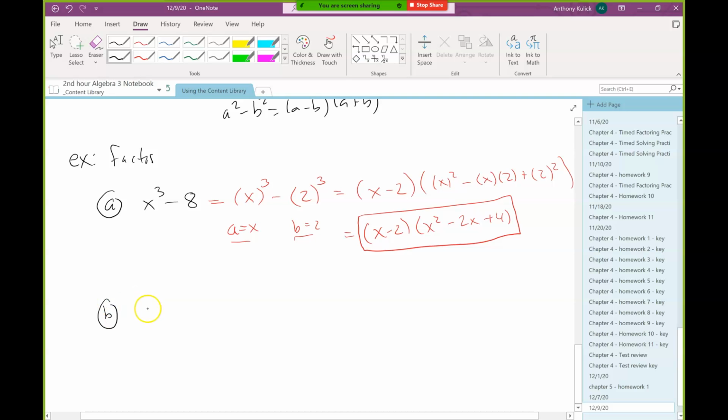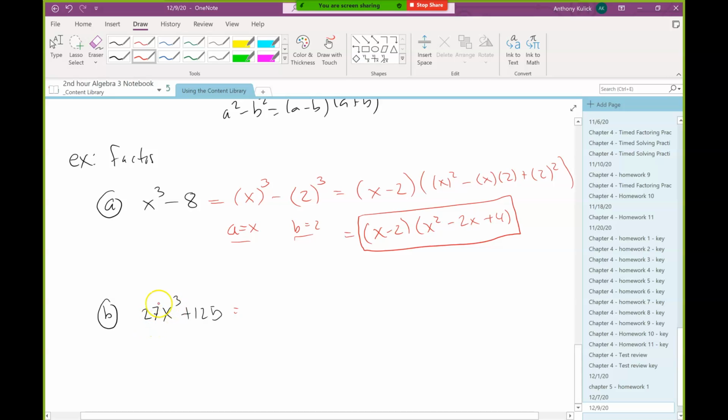Okay. Let's do another. Let's say we have 27x cubed plus 125. So again, I see that x cubed sitting there, and I start thinking to myself, maybe I can think of this as a sum of two cubes problem.